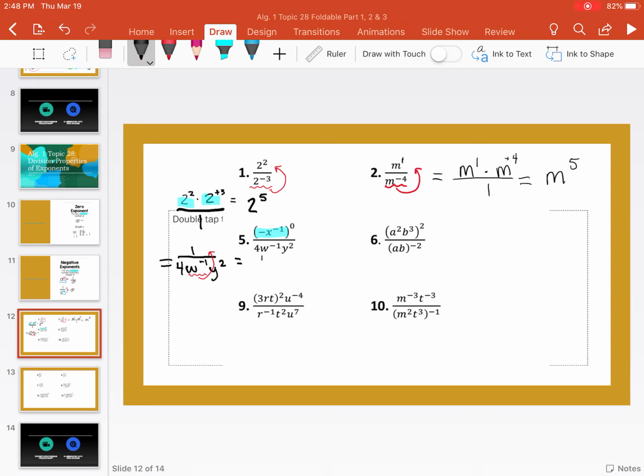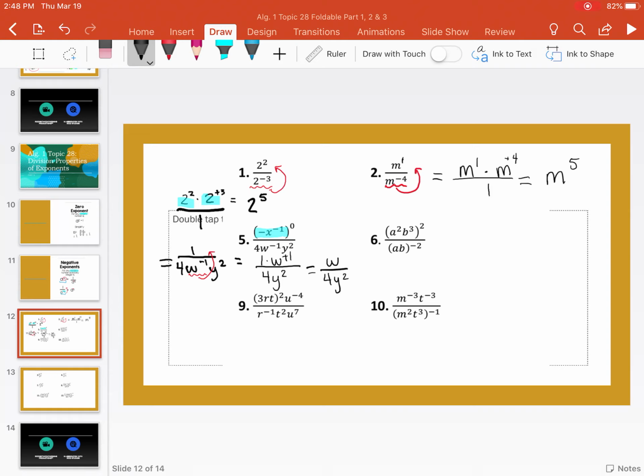So we're going to get 1 times w to the positive first power over 4y squared. So our w moves from the bottom to the top. Started from the bottom, now we're here. So if we were to simplify it, we would just get w over 4y squared. There you go.